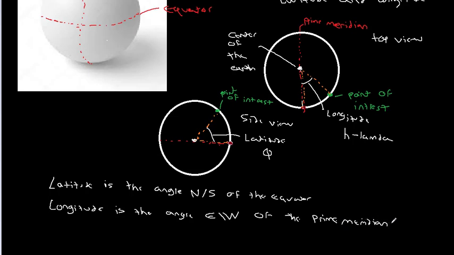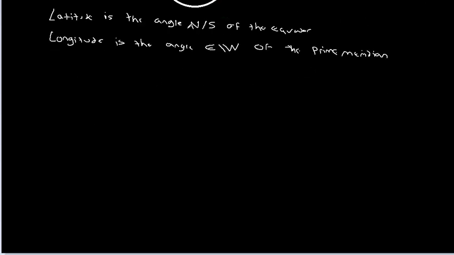The last point that I want to make here is in terms of how we explain these measurements. In terms of latitude, it's north or south of the equator. So you could imagine here that as this angle increases, actually let me give us a little more space here, and I want to draw a new circle.